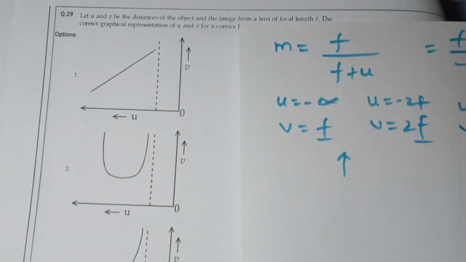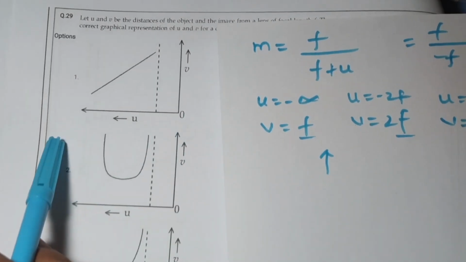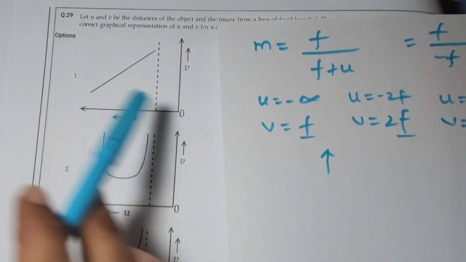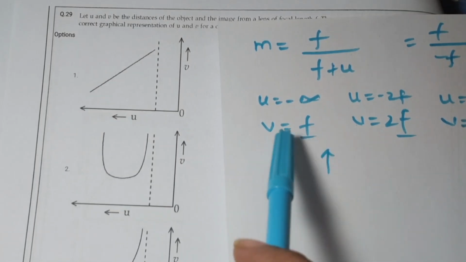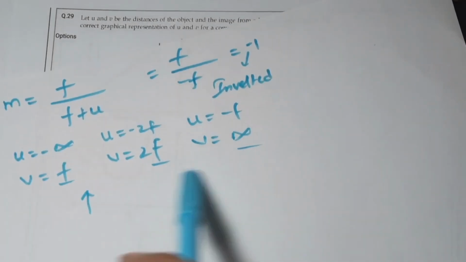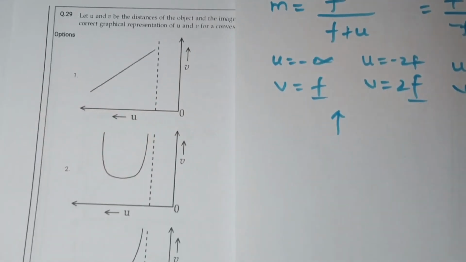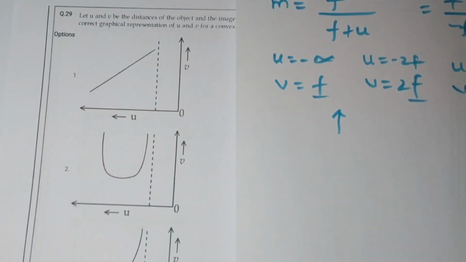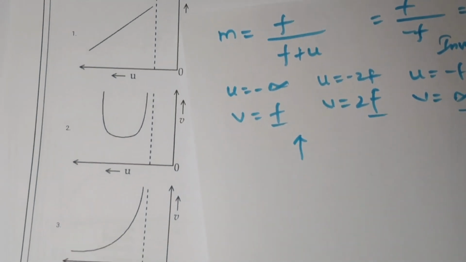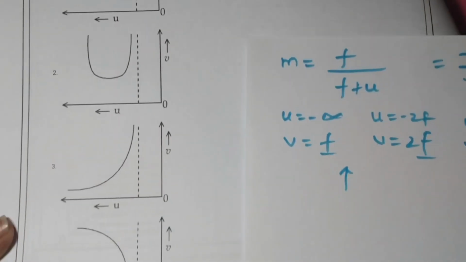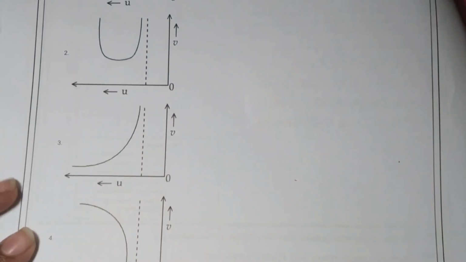So from these graphs, mod u is decreasing from right to left, what happens to mod v? It will increase. So definitely it should follow this type of parabola path. So option number 3 is the correct answer.